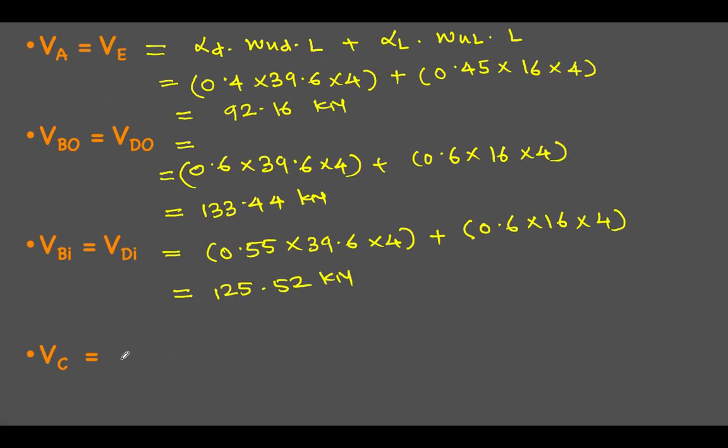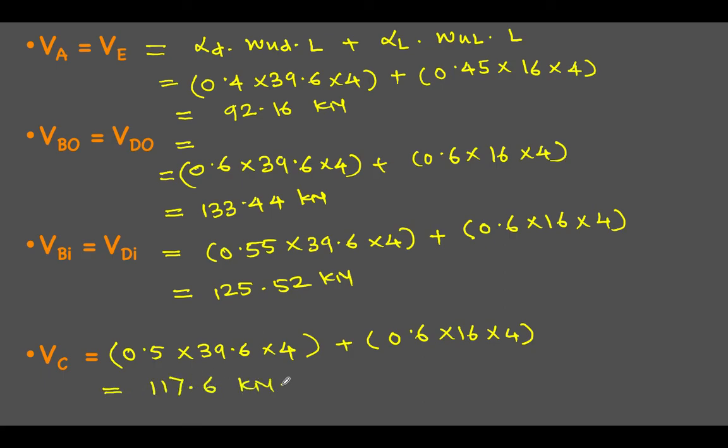So 0.5 into 39.6 into 4 plus 0.6 into 16 into 4, and this value is then equal to 117.6 kilonewton. Done. So this is the reaction or shear at every point.